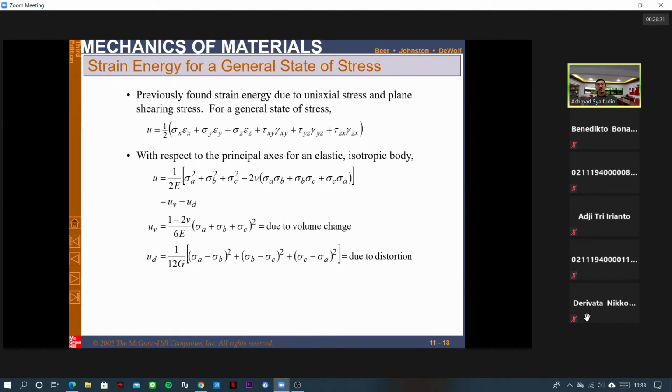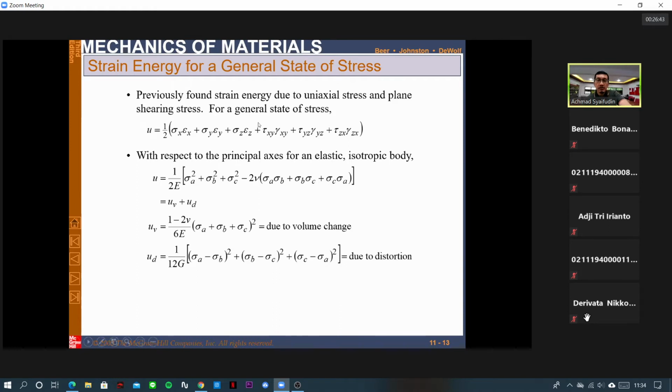It's very useful. If the sum of them is 0, just make them equal to 0. So finally you can identify the strain energy.